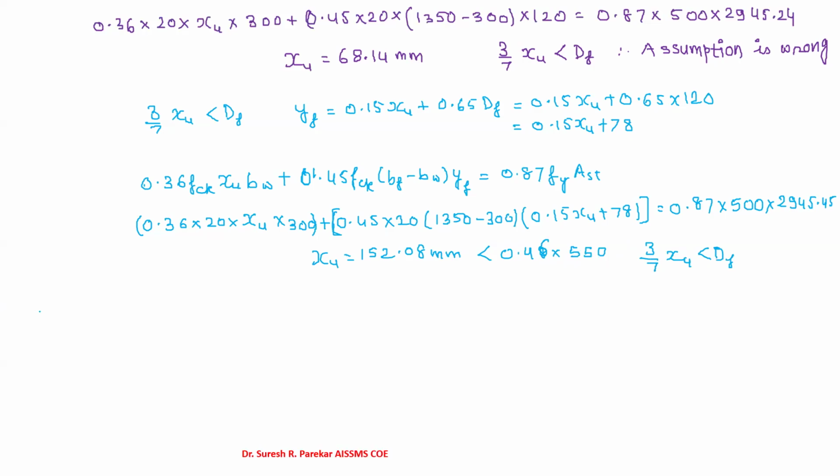And therefore, now we will find MR for this. We have MR equal to 0.36 FCK XU BW, so this is the rectangular portion, into D minus 0.42 XU, plus now the remaining flange portion 0.45 FCK, then we have area BF minus BW into YF into D minus YF by 2.